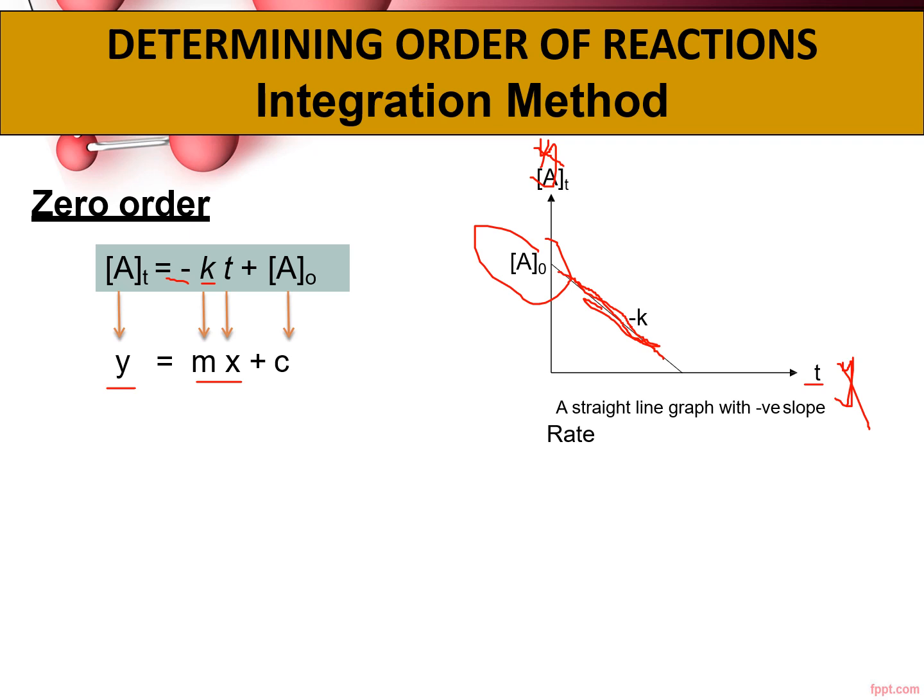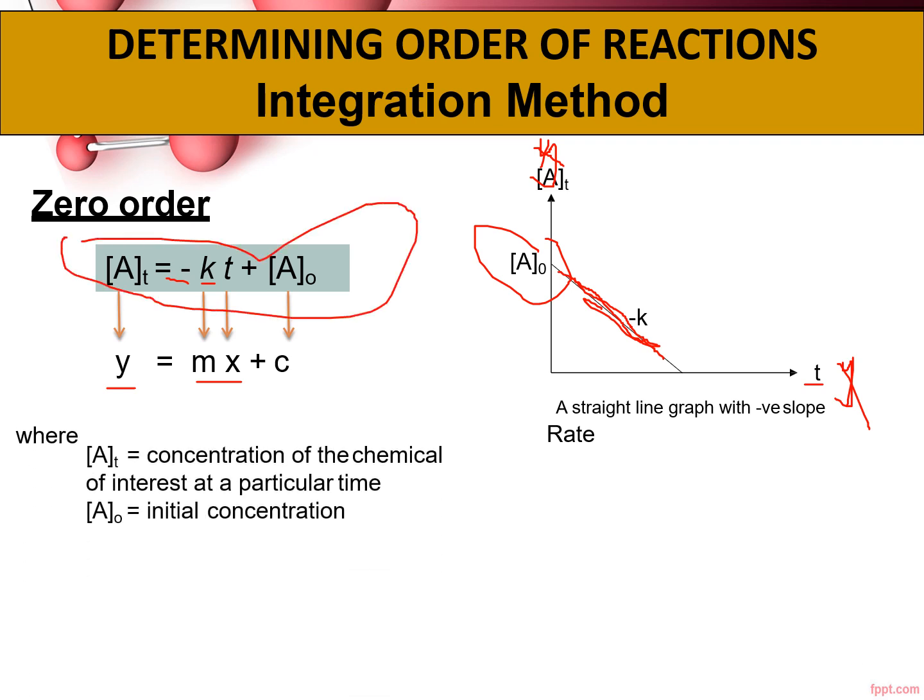You have to memorize this formula. A_t is the concentration at a particular time, while A naught is the initial concentration. If we compare the rate versus the concentration of A, we find out the rate is equal to k, where k is a constant.